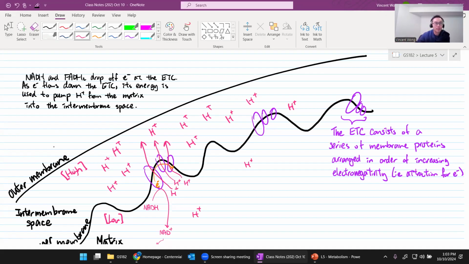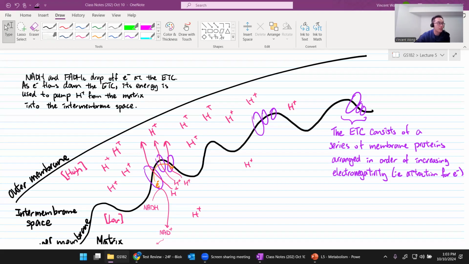Okay, copy first. Let me know if you have questions, and then I'll explain more. It's like protein pump against concentration gradient.